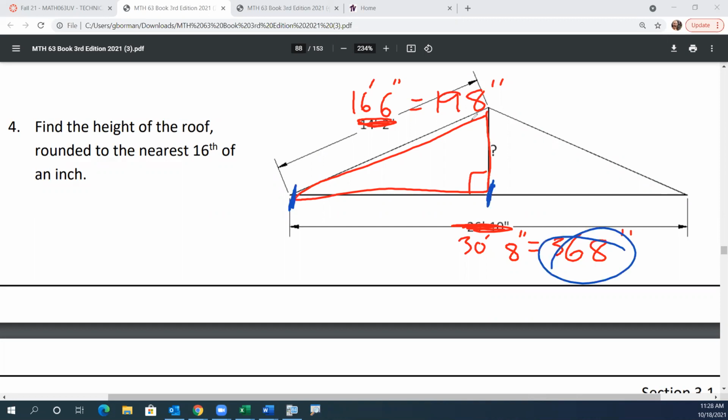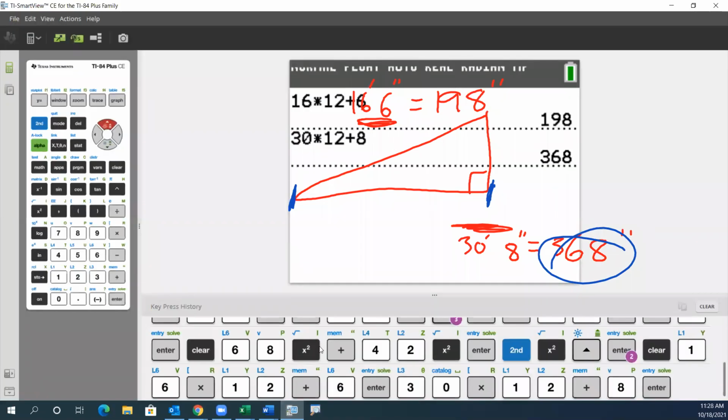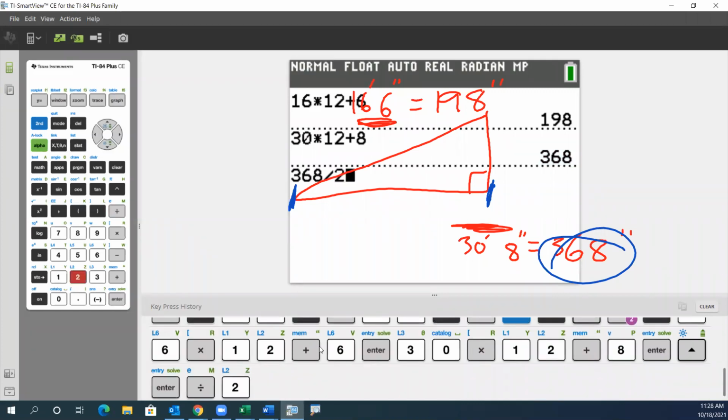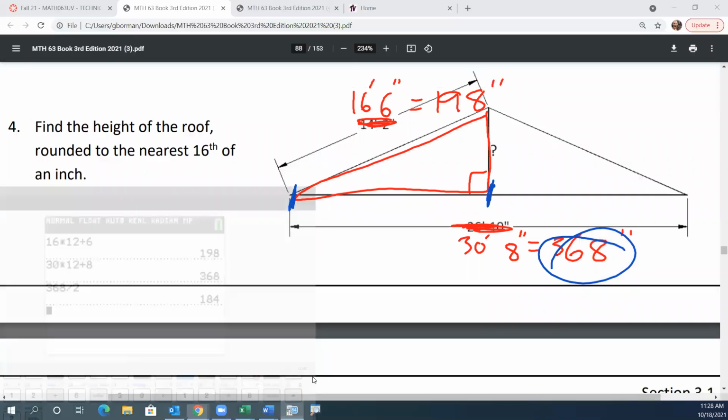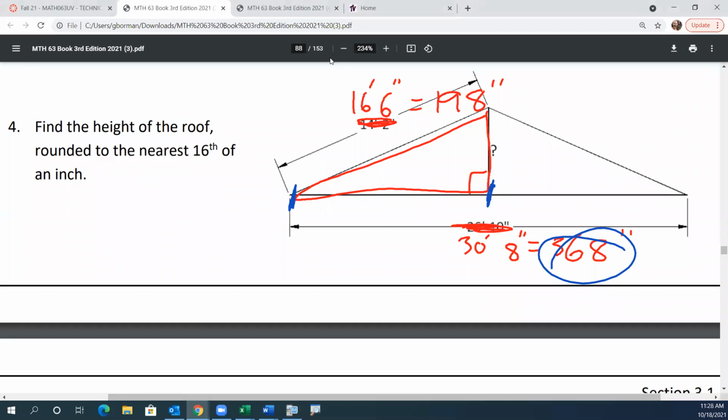This 368 inches goes from here to here. And in other words, twice as long. So we got to chop that bad boy in half. So we'll grab the 368, chop him in half. 184 is what we really want for the base of the right triangle.